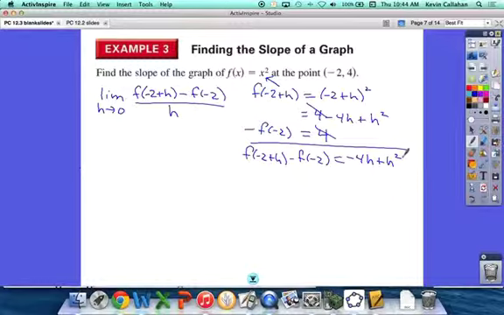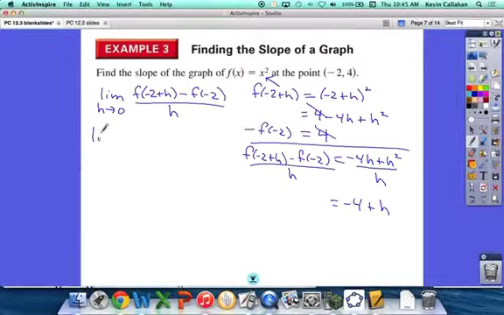Then what am I going to do? I got to divide by h, right? I've only done the numerator. Now I got to do the denominator. Divide by h. And again, because every term in the numerator has got an h in it, you can cancel the h in the denominator. This is negative 4 plus h.